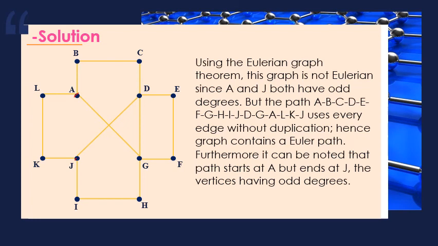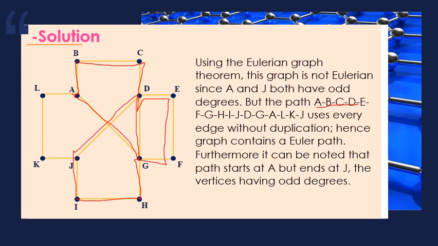So, one example is stated here kung paano natin himuon without duplication ang mga edges. Pero pwede ka man mag-start and mag-trace sang lain man nga path. So, for example, we have, halin kita sa A, B, C, D, E, F, G, H, I, J. Then, we are going to trace this one.